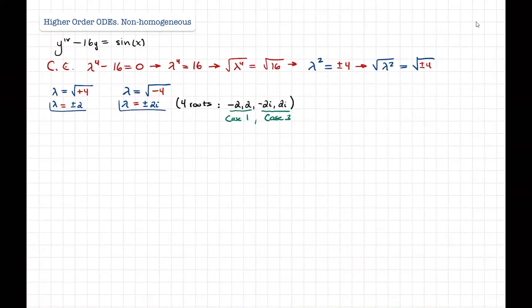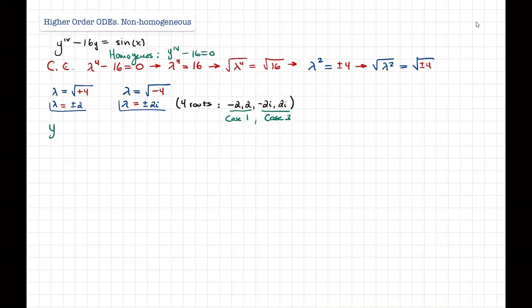So based on this, my homogeneous solution. I forgot to write it here, so I'm going to write it. This is for my homogeneous equation, where we have y to the fourth minus 16y equals 0.